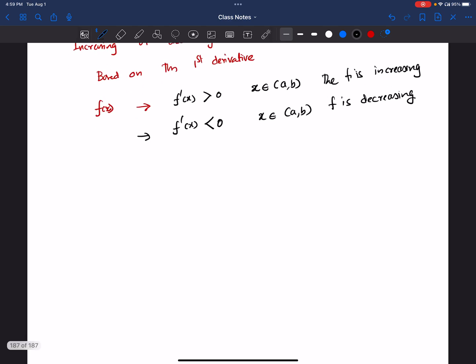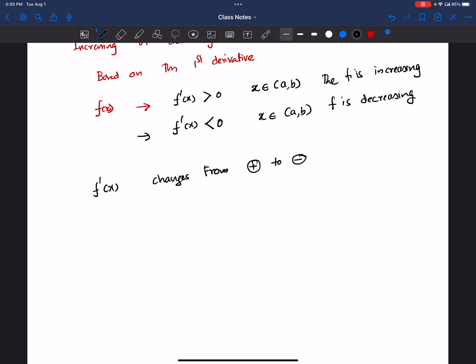And then we also learned about the sign of f prime of x changing around a critical point. We can find the critical points if f prime of x is equal to 0 or f prime of x does not exist.